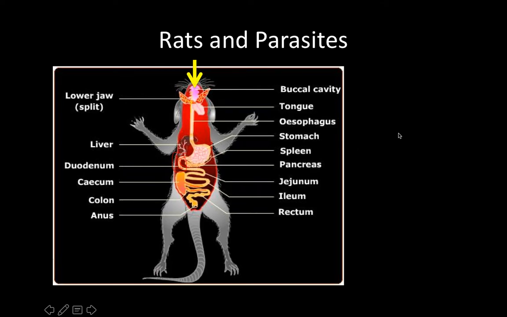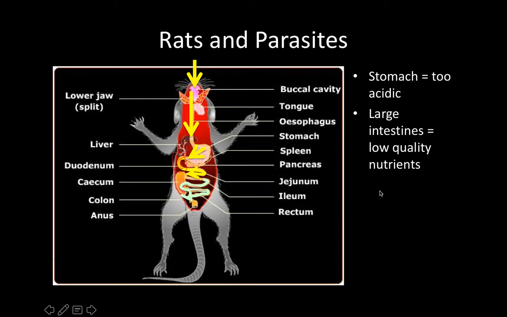Okay, so stomach's too acidic, large intestine, low quality nutrients, the small intestine, kind of like Goldilocks, just right.